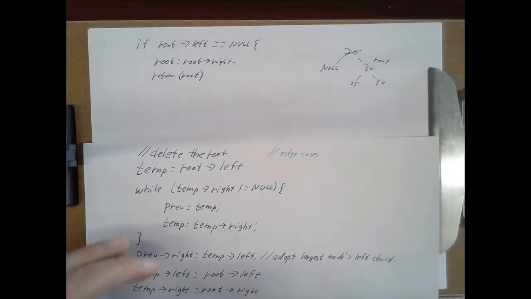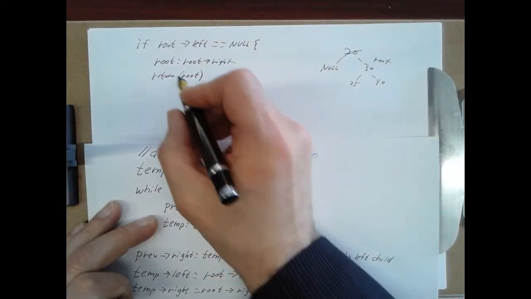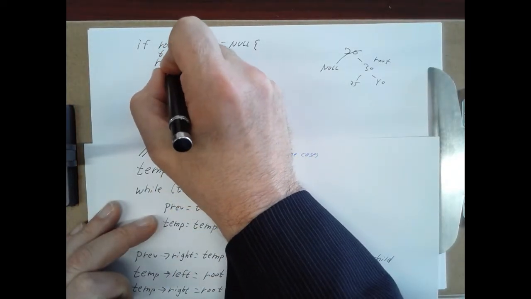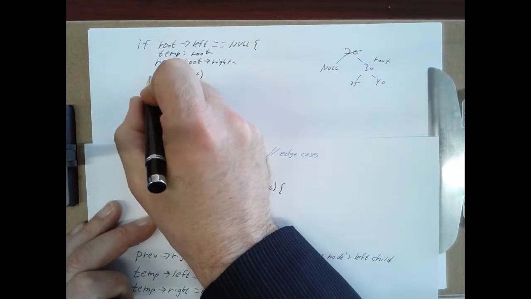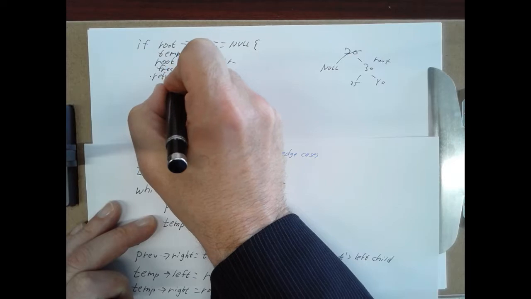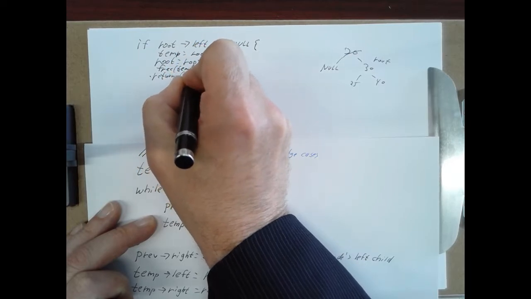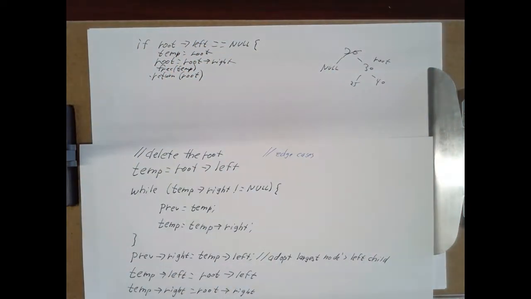Oh yeah, so temp equals root, free temp, thanks. Yeah, he saved me from leaking my memory. So free the root and just return the thing that the root was pointing to on the right.